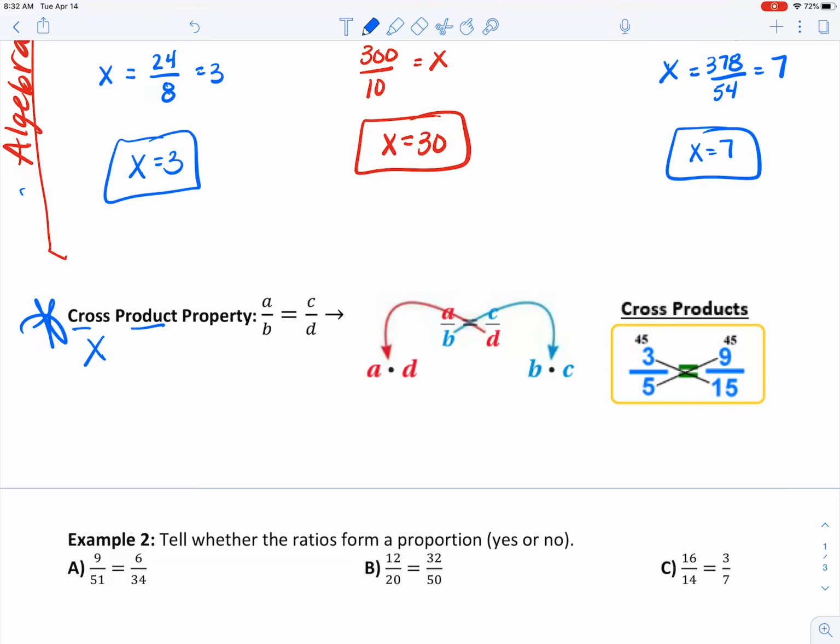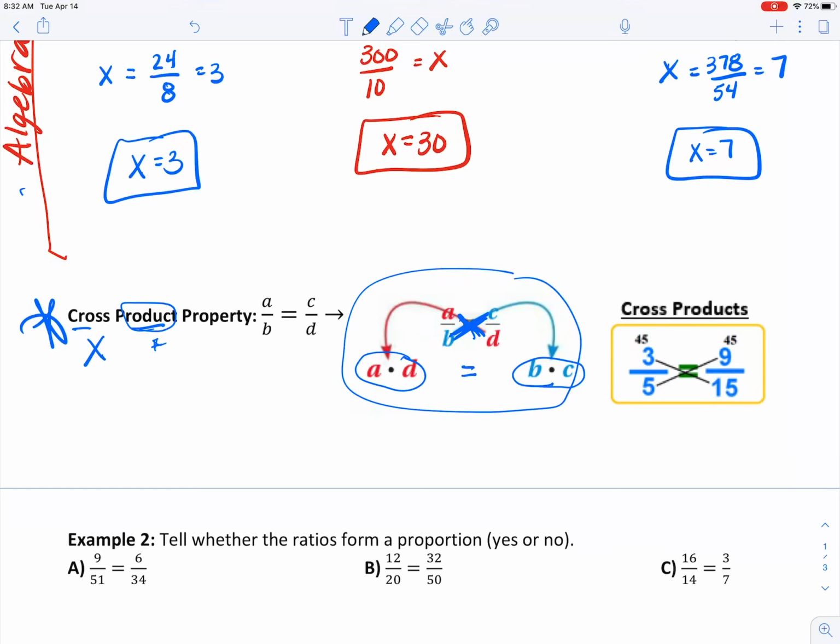So cross product. The word cross means like this, like crisscross, right? The word product means multiply. So if I were to take a look at this picture right here, okay, what it's saying is that you're going to take B times C. So I wrote it down right here, B times C. That is going to equal the other two, A times D. A times D is here.